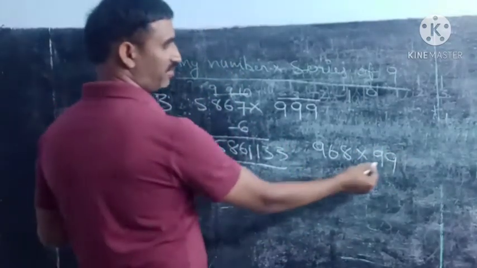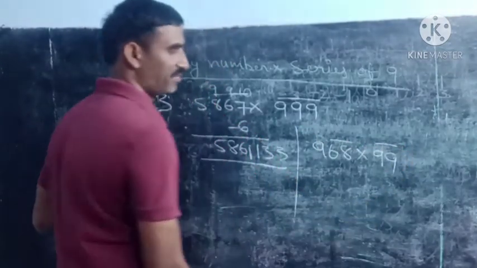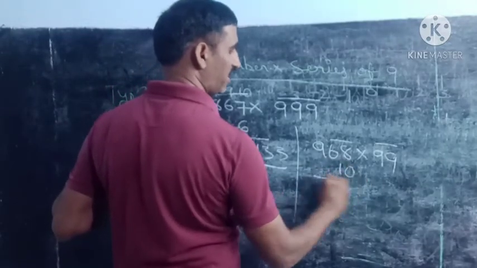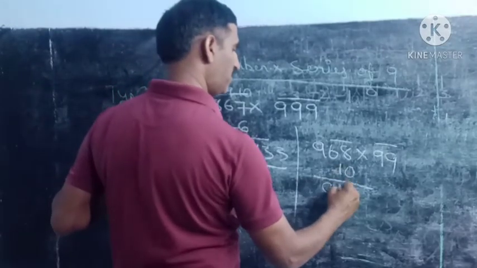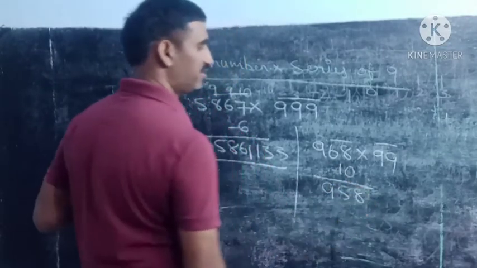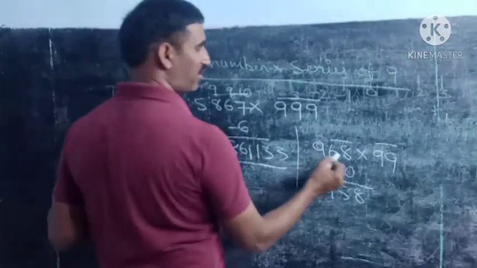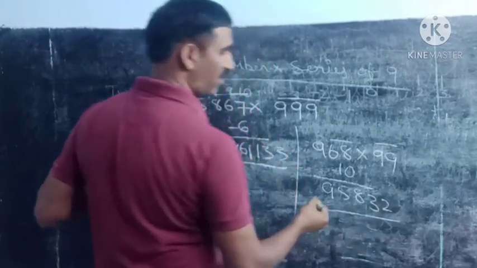So here 3 digits will be there, here 2 digits will be there. So group first. 9, next number, 10. You should subtract 10. 968 minus 10 is 958. Next, write the complement of 68. 9 minus 6 is 3. 10 minus 8 is 2. This is the answer.